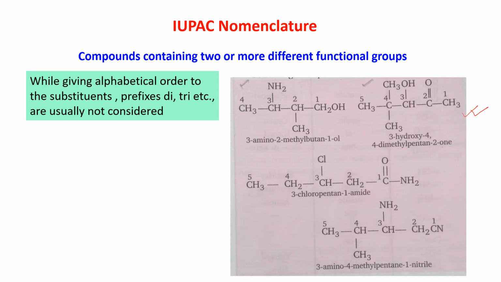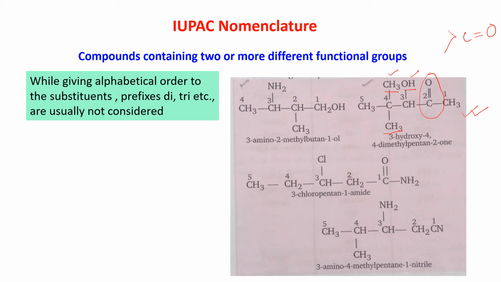Now here you can see we are having a methyl group, an OH group, and a keto group. Now if you look at the seniority table, you'll find that the keto group, that is one, is coming first, then OH and methyl.